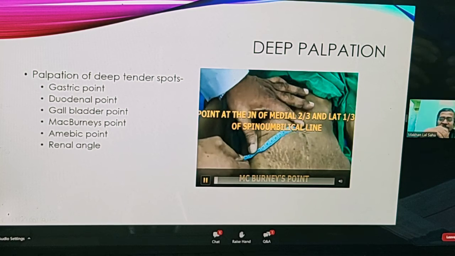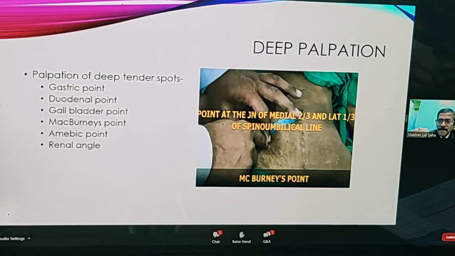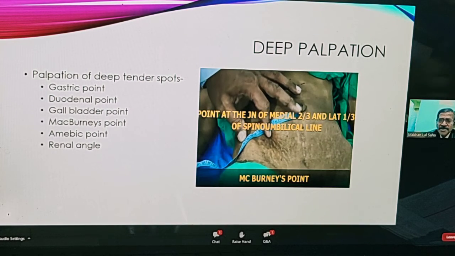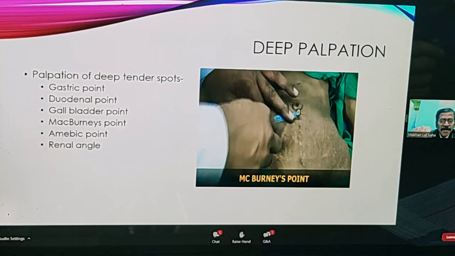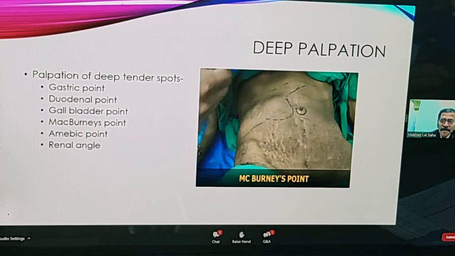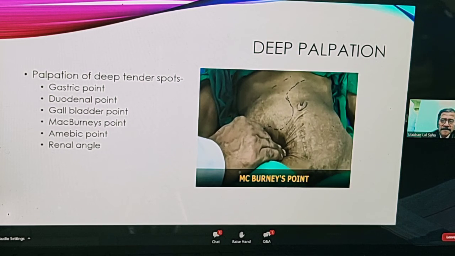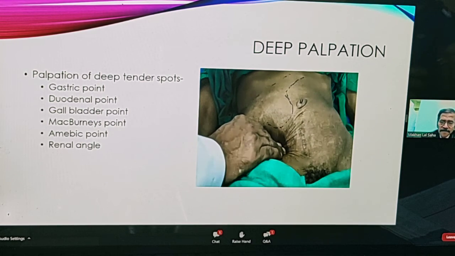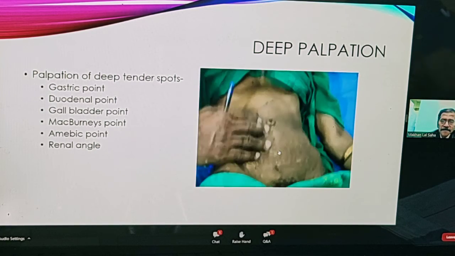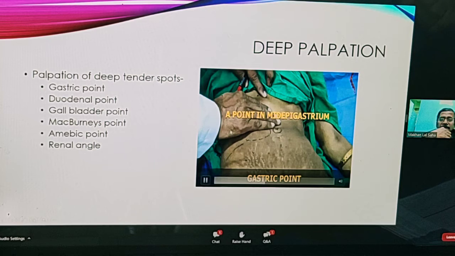How do you find McBurney's point? This is the point on the line from the spine to the umbilicus on the right side, at the junction of the medial two-thirds and lateral one-third. So that is McBurney's point. What is the gastric point?